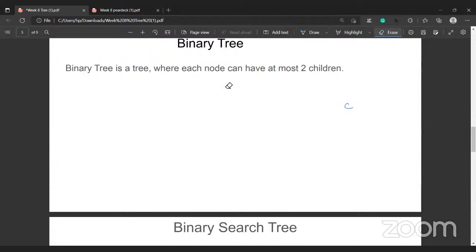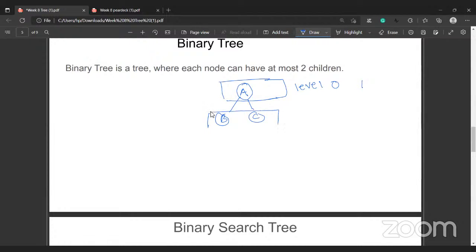Okay. Now one important point. Suppose this is a tree, with A, B, C. What is the maximum number of nodes at level 0? One node. At level 1, two nodes.